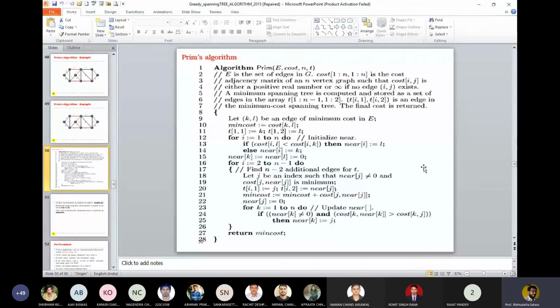Remember the term lower bound. Once we define a lower bound, and once we are in the process of designing an algorithm, let us say a greedy algorithm, you find out the time complexity of the greedy algorithm. If the time complexity of the greedy algorithm is equal to the lower bound, got it, then the solution is optimal.